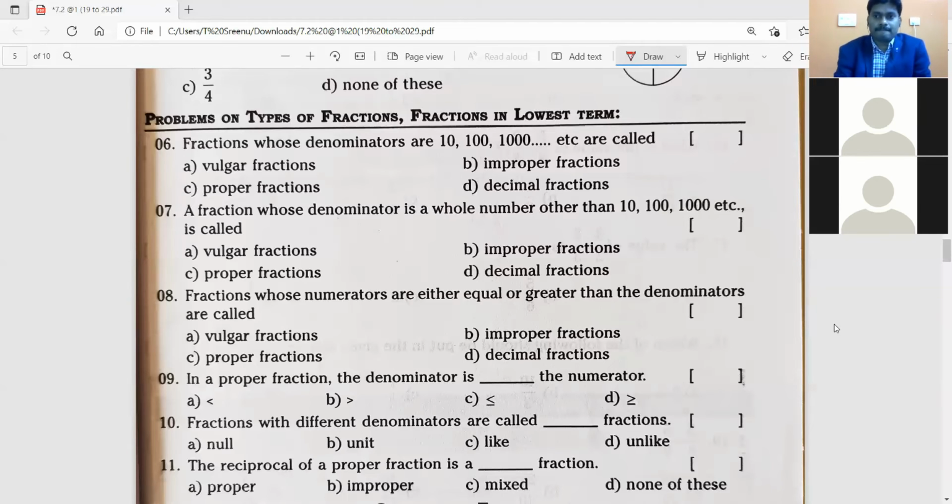First one is A. Second one is C. And third one is D. And Tauzuddin, please type your answers. Your voice is breaking. Okay, sir.